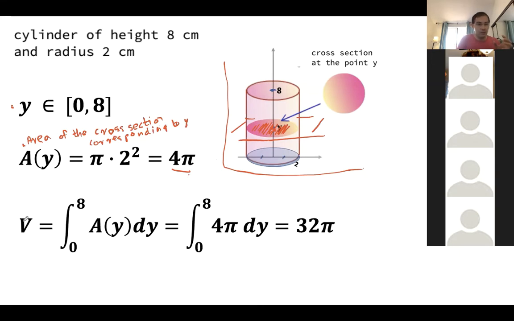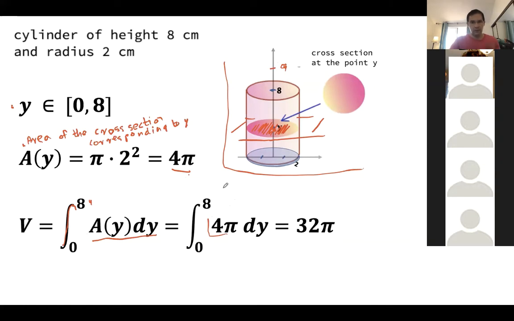And then to compute the volume, you integrate all of the cross sections from 0 up to 8, because the height of this was 8. We could do up to 9, for example, then the integral will be from 0 up to 9. This is a very simple constant function to integrate.